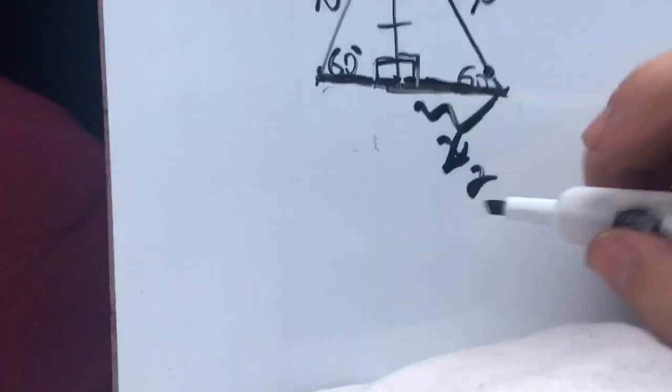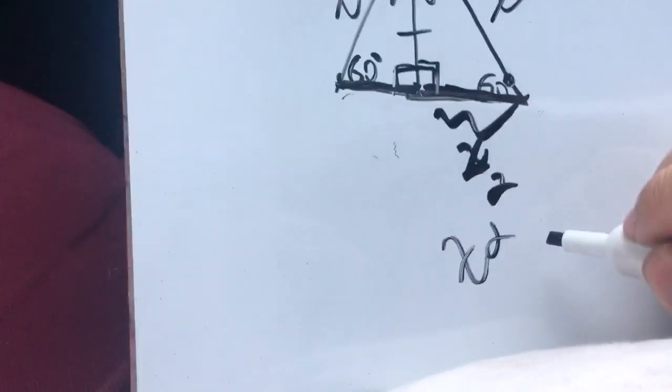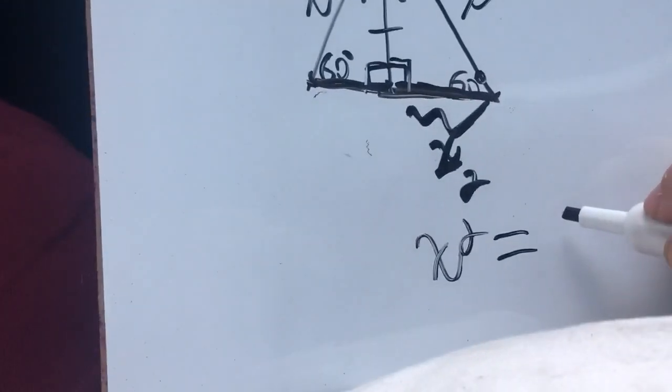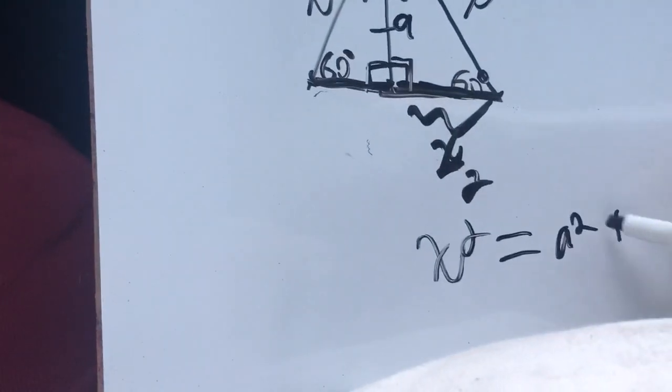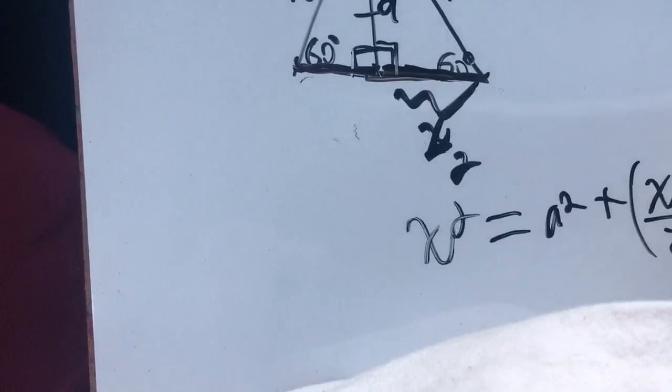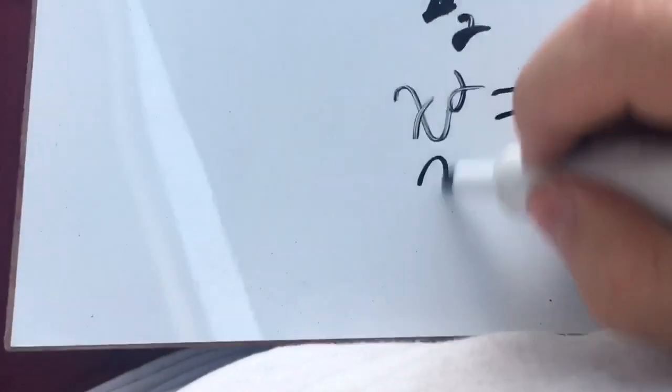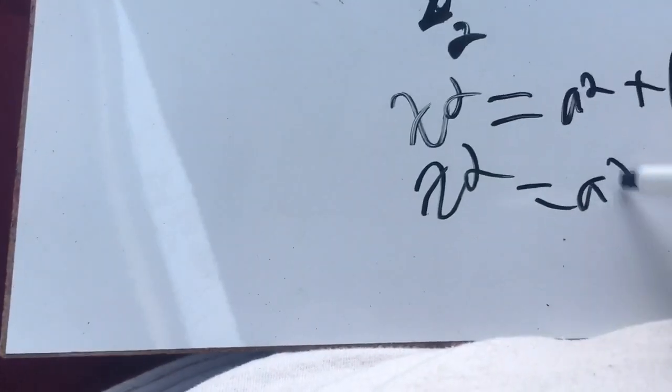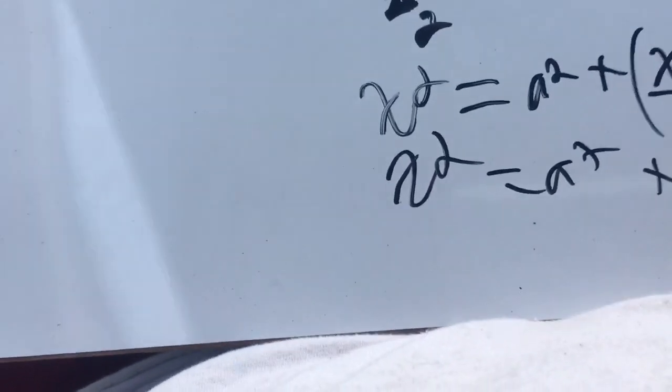So we have x squared, by the Pythagorean theorem, is equal to, I'm going to call this side a, a squared plus x divided by 2 squared. Let's simplify. x squared is equal to a squared plus x squared over 4.